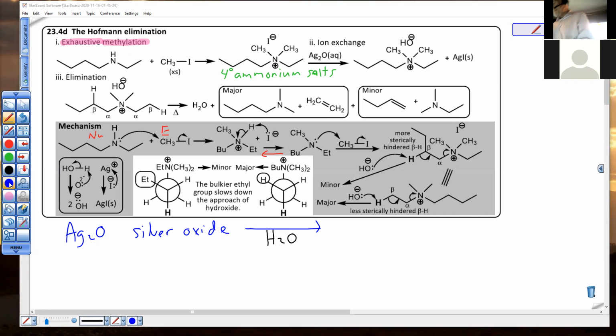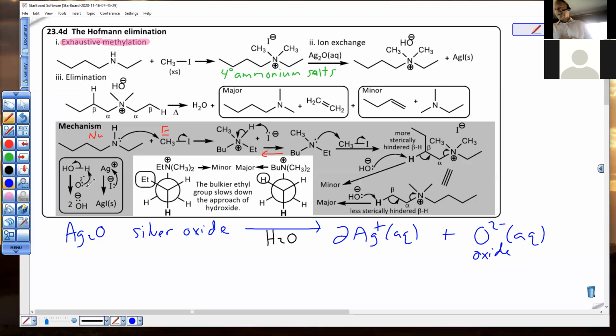They ionize. You get 2 silver ions, and you get this very reactive oxide ion. That's the conjugate base of hydroxide, which is already a strong base. So it doesn't want to stay like that.